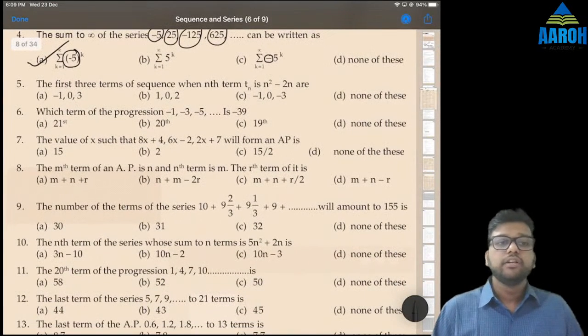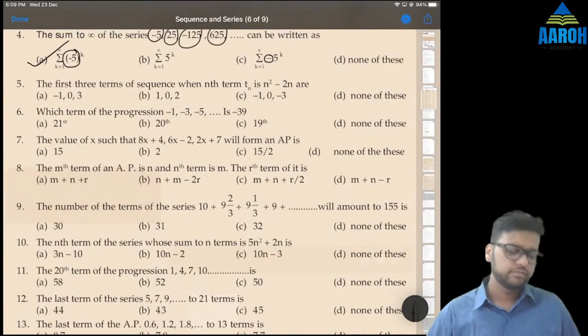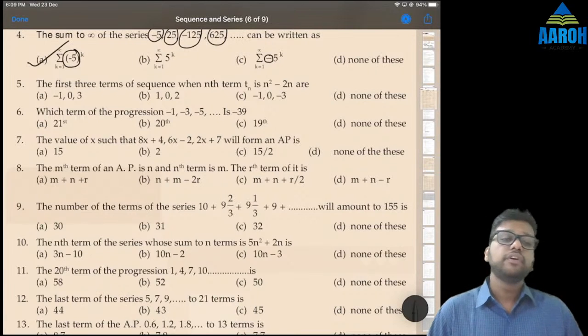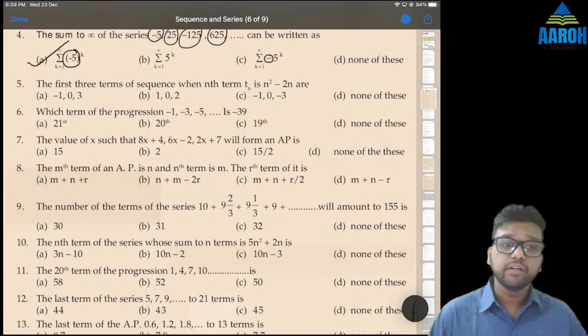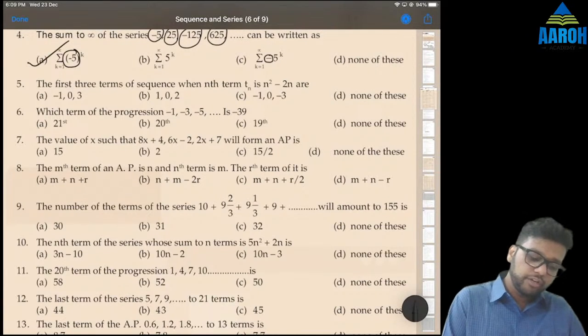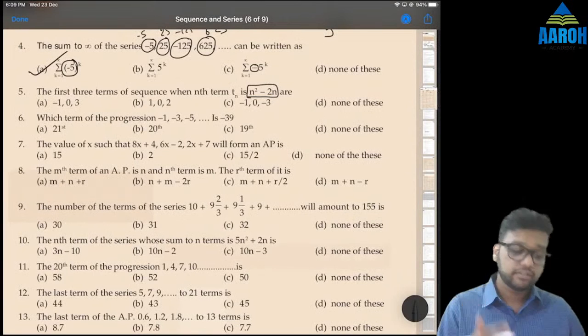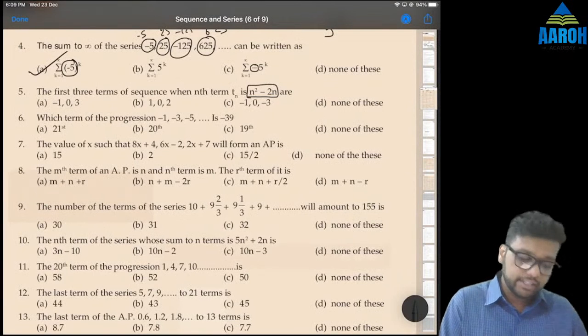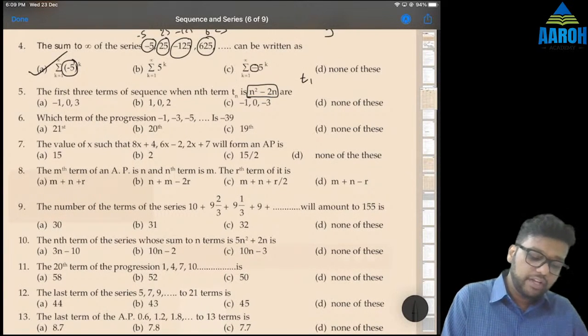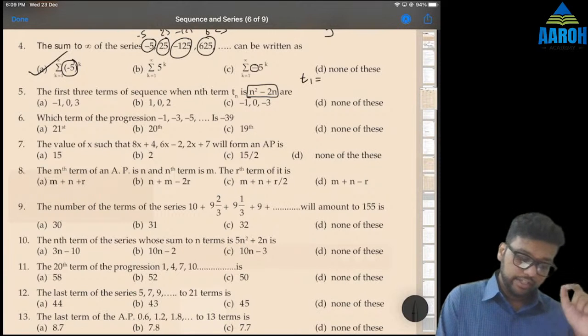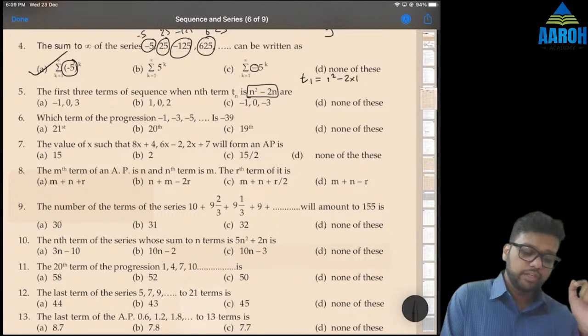Okay. Now next few questions are very simple. Question 5. First 3 terms of the sequence when nth term Tn is n square minus 2n. So how do we find the first 3 terms then? See, if Tn is n square minus 2n, that means T1, that is first term, is 1 square minus 2 into 1.